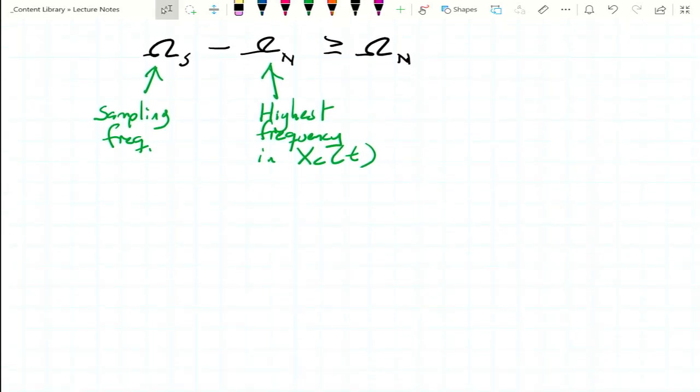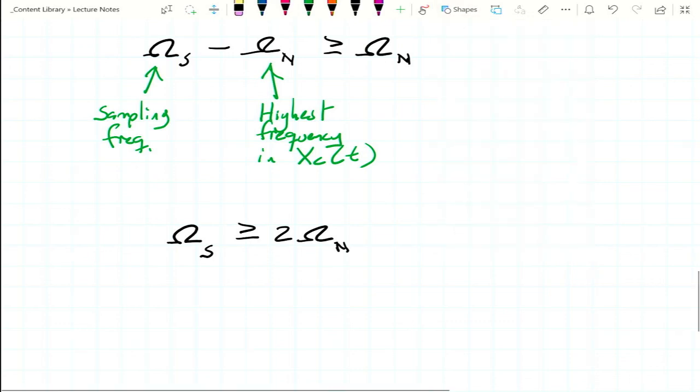Now, with a little bit of algebra, we get this in a form that we're probably a bit more familiar with, which says that the sampling frequency must be greater than or equal to 2 times omega sub n.